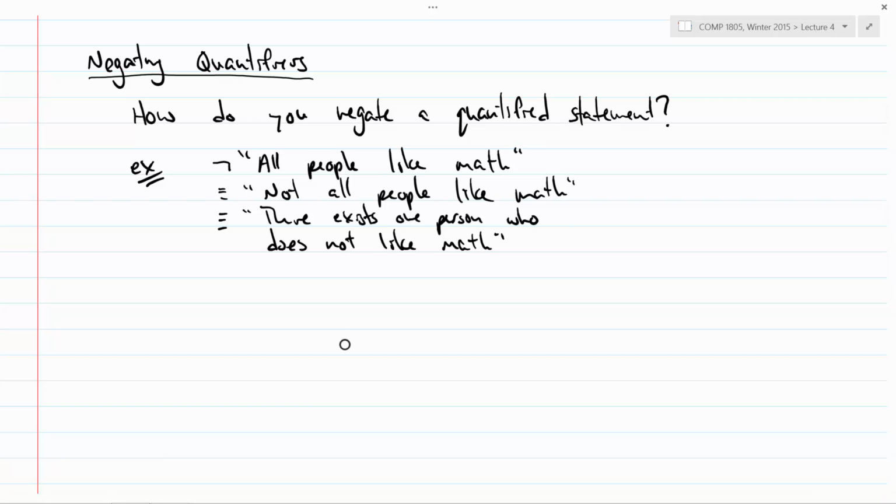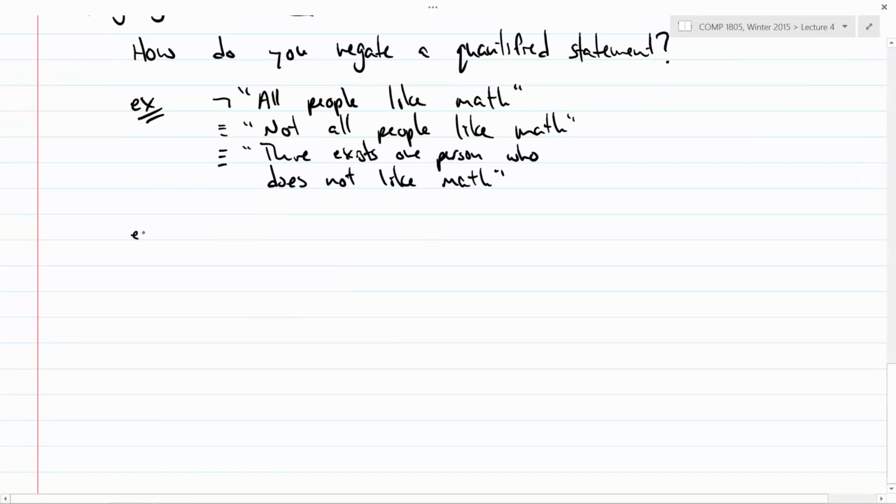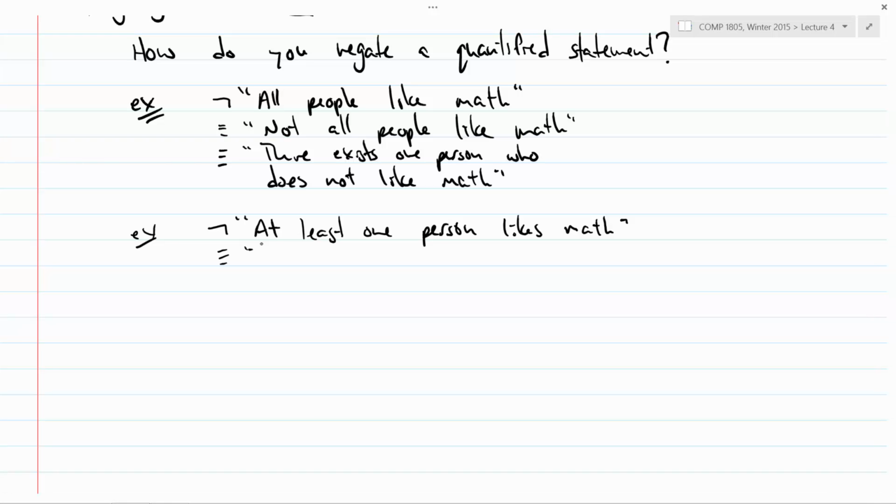Let's keep that in mind and do another example. What's the negation of at least one person likes math? What would the negation of that be? Yeah. Not one person likes math.